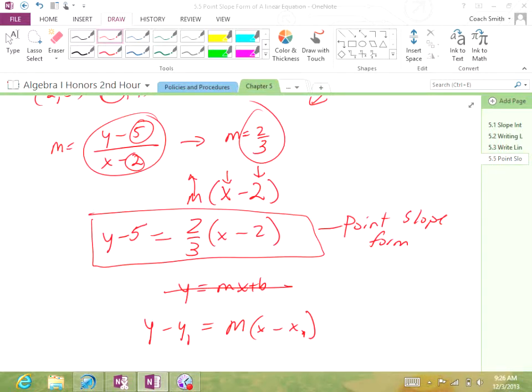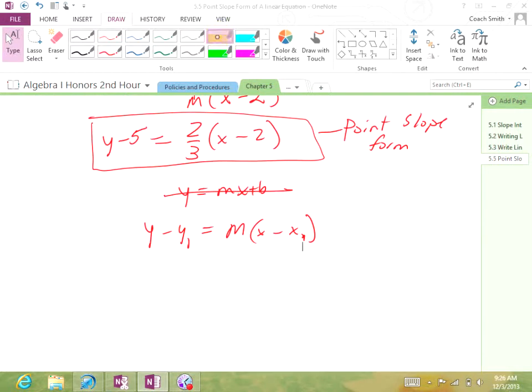We'll plug in the information in a second. All of our answers, when they say point-slope form, need to be in that form. So obviously, we're going to have numbers in part of it, but not for all of it.